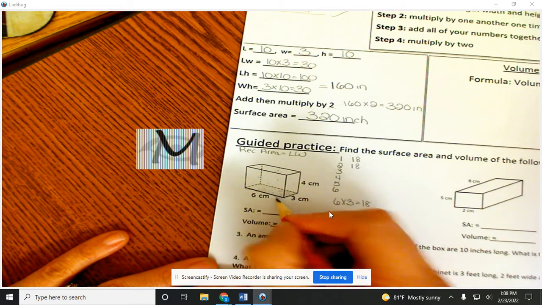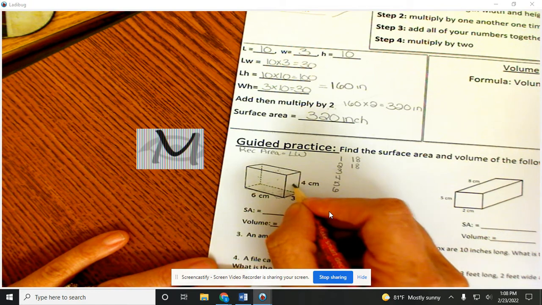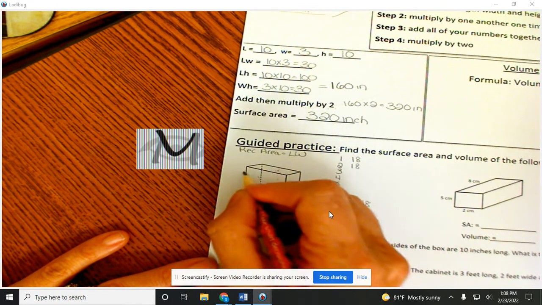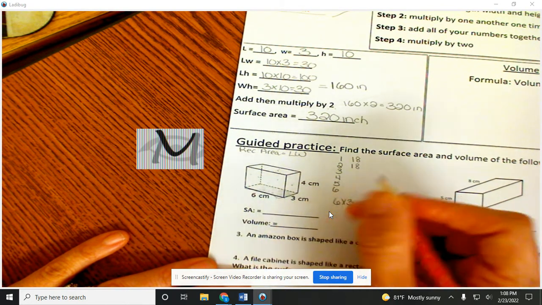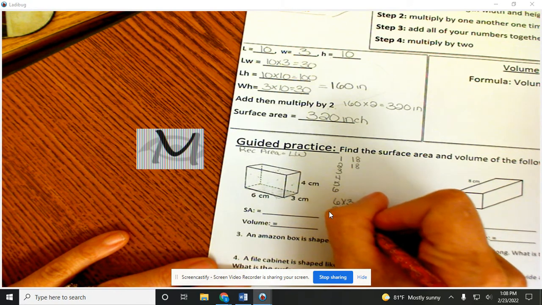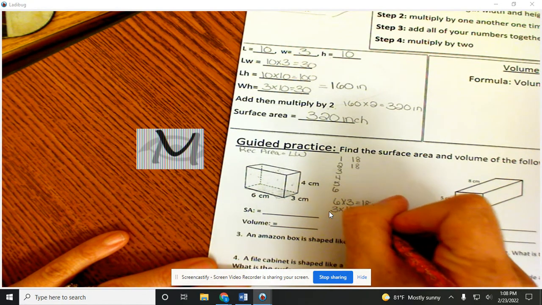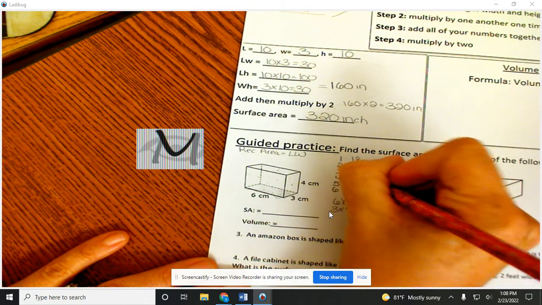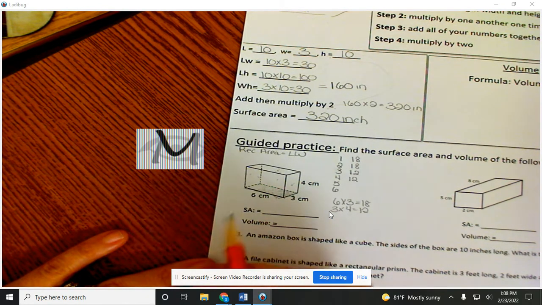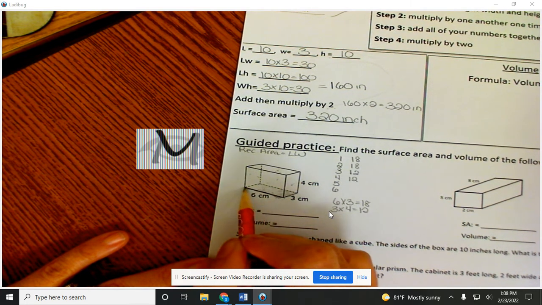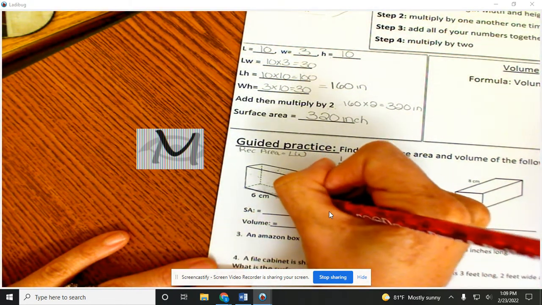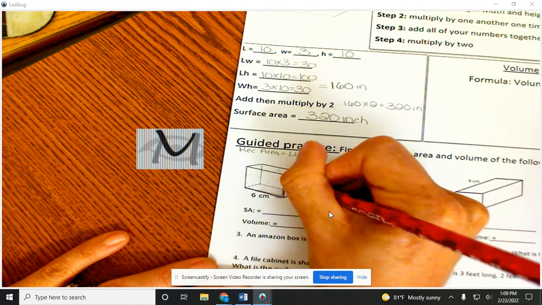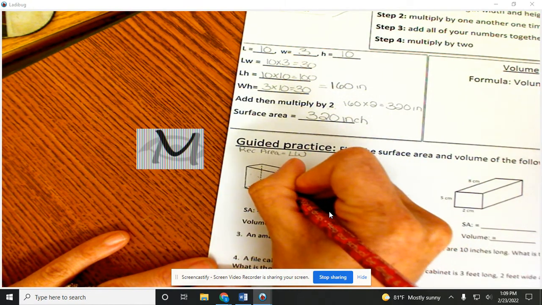All right, so we've got 2 down. Now I've got another rectangle here, and another rectangle over here. So I'm doing 3 times 4, which is going to give me 12. So 12 centimeters on each side. And now I have one more side to go. So I've got 6 going down here, and we already know that this length right here is 4 centimeters because over here it tells me 4 centimeters.